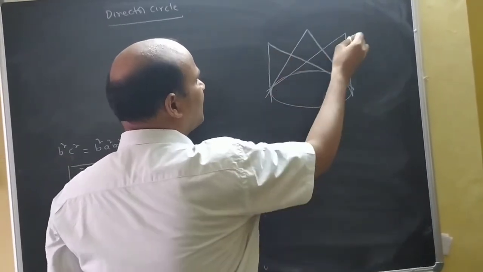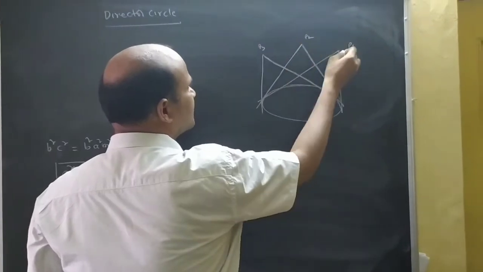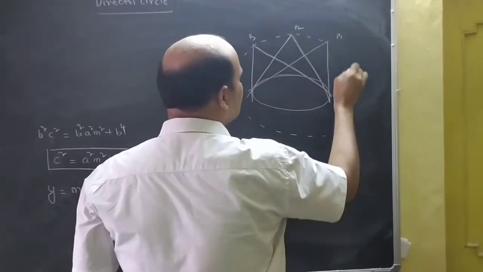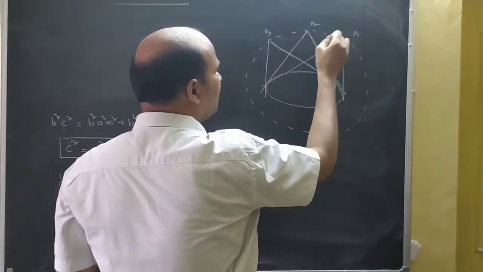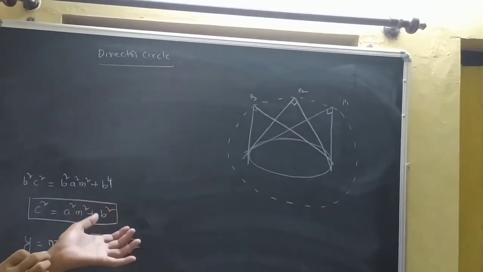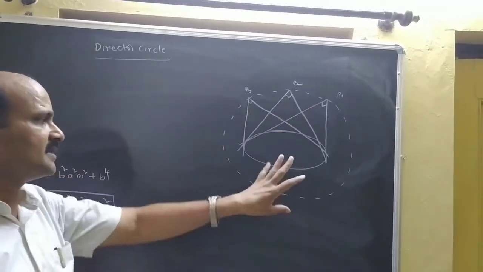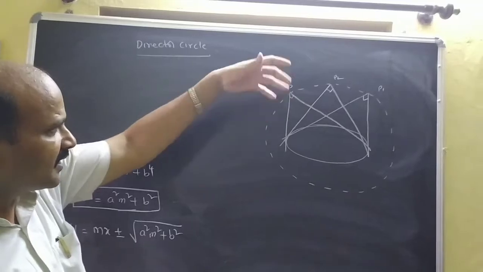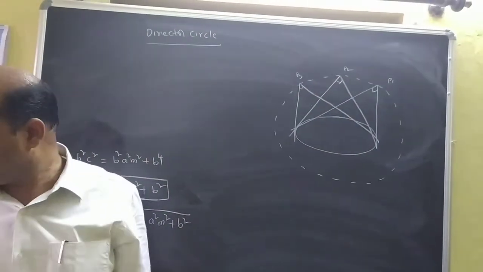Like this, there are infinite pairs, P1, P2, P3 and so on. If we join them like this, the locus of all these points, where the angle between the tangents is 90 degrees, the locus of perpendicular tangents of an ellipse is called the circle, which is called the director circle.